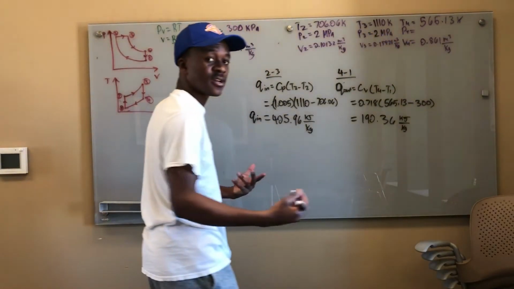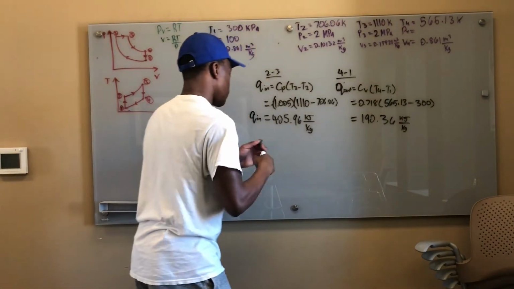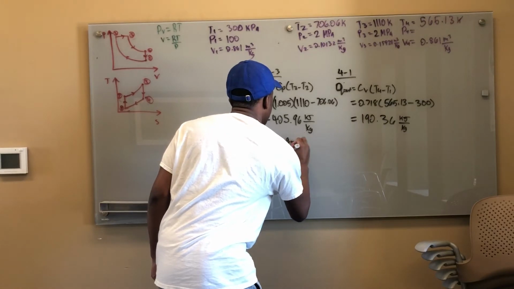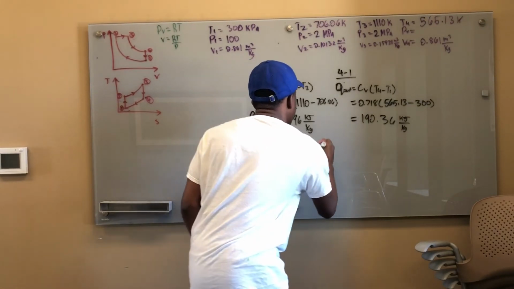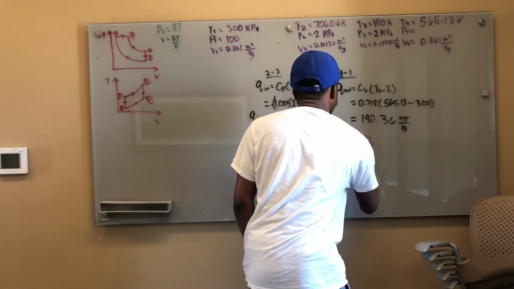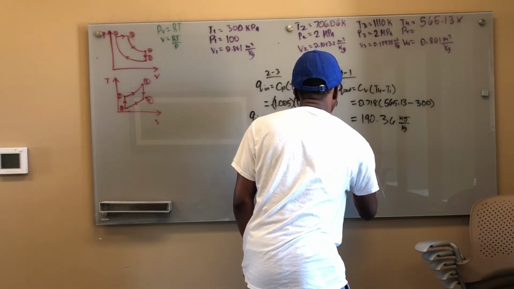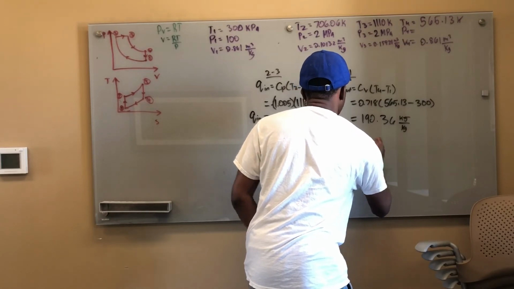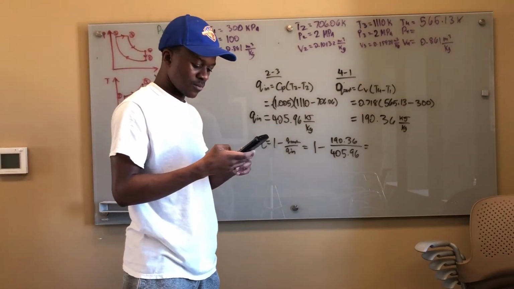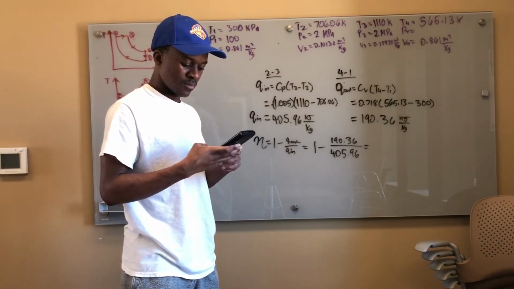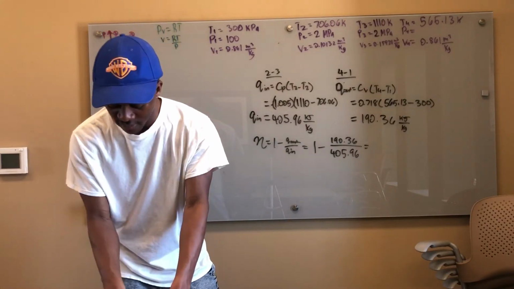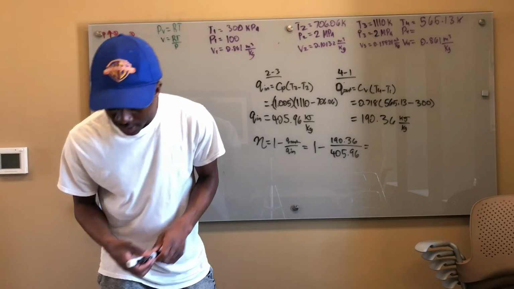Now, I know that eta is given by 1 minus Q out over Q in, and that gives me 1 minus Q out, which is 190.36, over 405.96, and that gives me 0.5311.